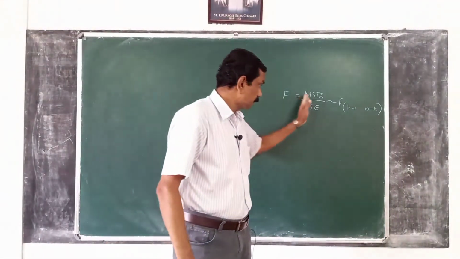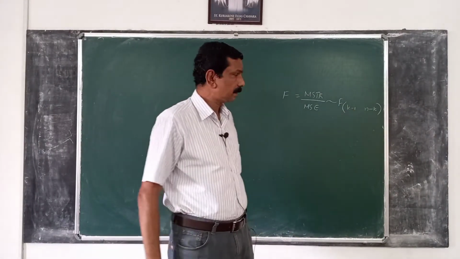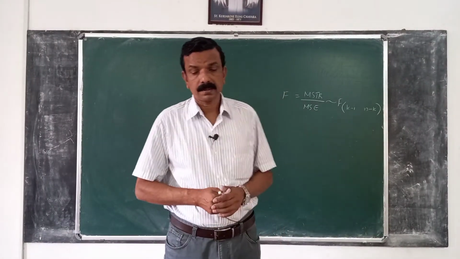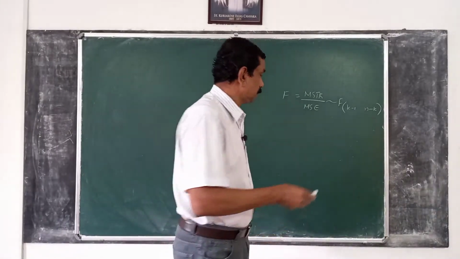So this quantity follows F with k minus 1 degrees of freedom in the numerator and n minus k degrees of freedom in the denominator if H0 of equal population means is true.